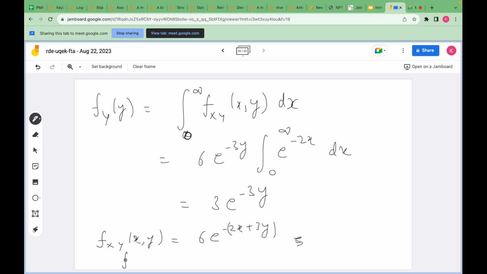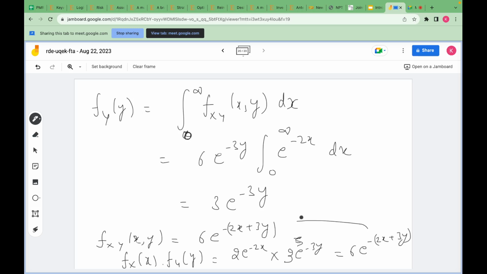Okay, and this fx into fy is 2 e to the power minus 2x into 3 e to the power minus 3y, which is 6 e to the power minus (2x plus 3y).